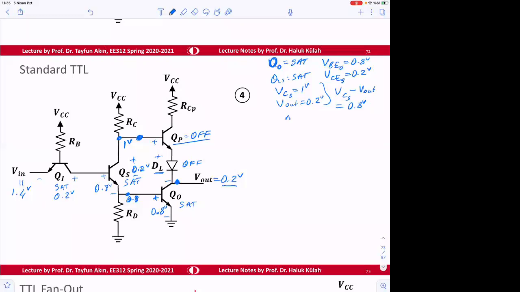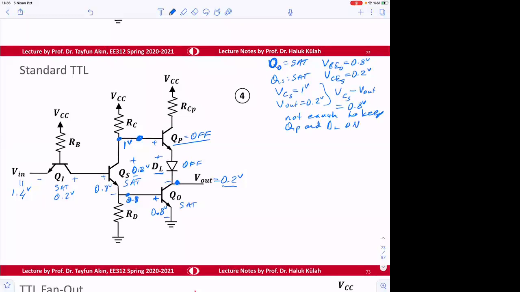Not enough to keep QP and DL on. Okay, since it cannot keep both of them on, therefore they are off. QP and DL becomes off.